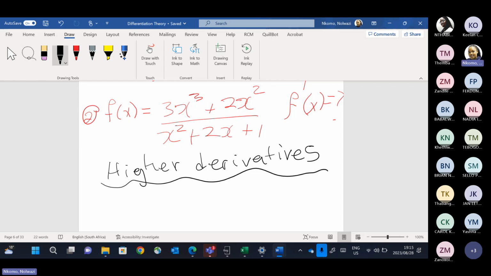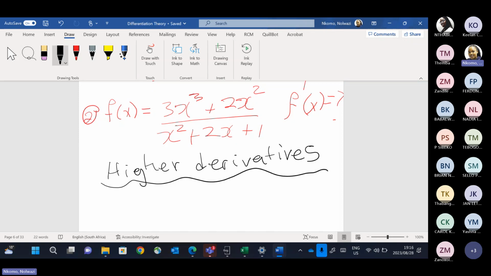If that's the case, then higher order derivatives would be used to model or represent any model, right? And yeah, that's the reason why we need to learn higher order derivatives.